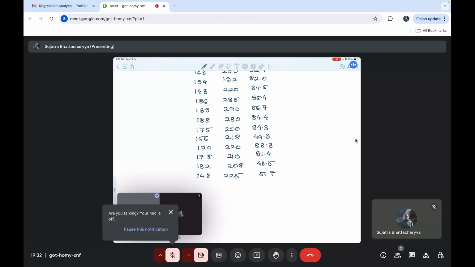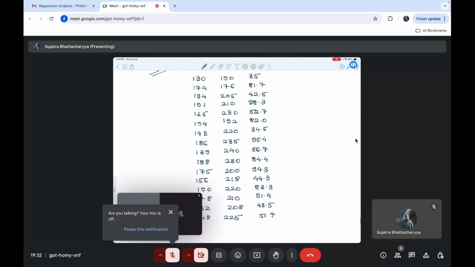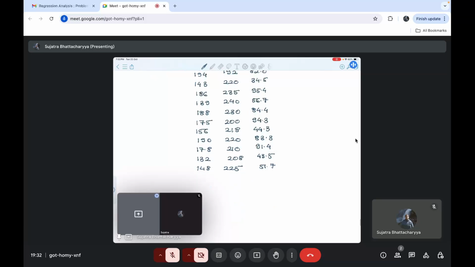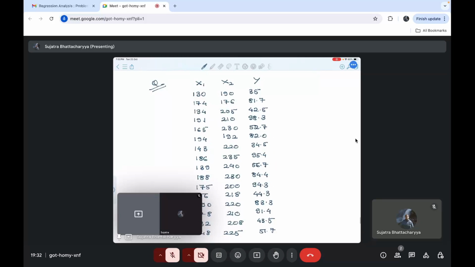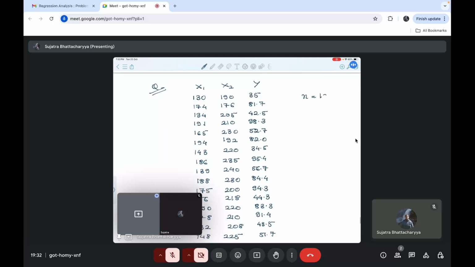That's all. So there are 1, 2, 3, 4, 5, 6, 7, 8, 9, 10, 11, 12, 13, 14, 15, 16. So 16 observations. So n is equal to 16.